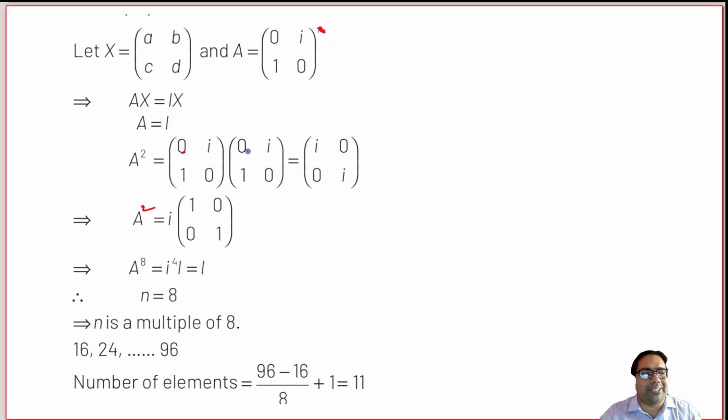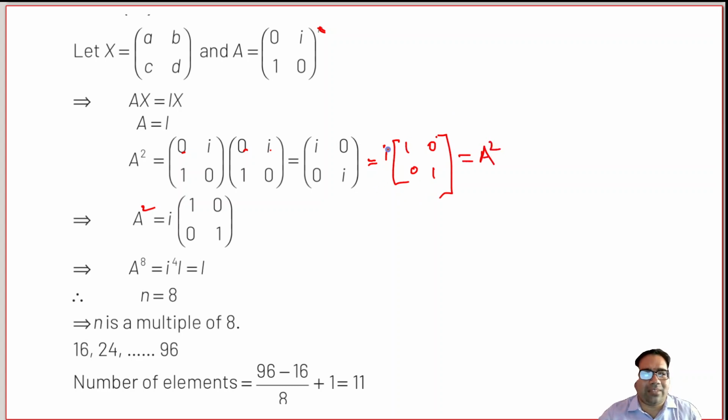That is 0 into 0 plus i into 1, that is i. 0 into i plus i into 0, that is 0. Then 1 into 0 plus 0 into 1, this is also 0. 1 into i plus 0 into 0, which is again i. If we bring this i outside, this becomes [1 0; 0 1], which is nothing but A square.